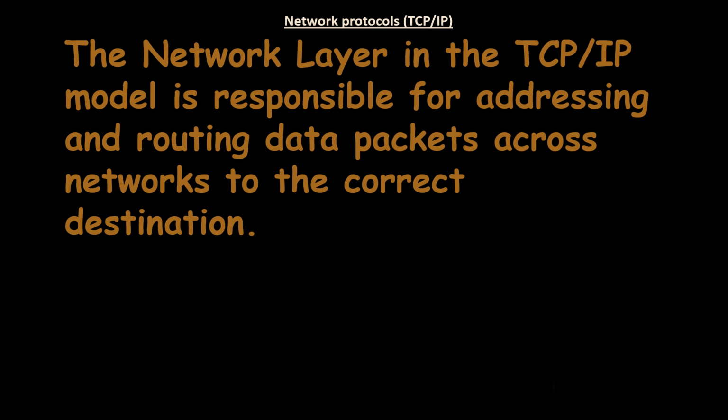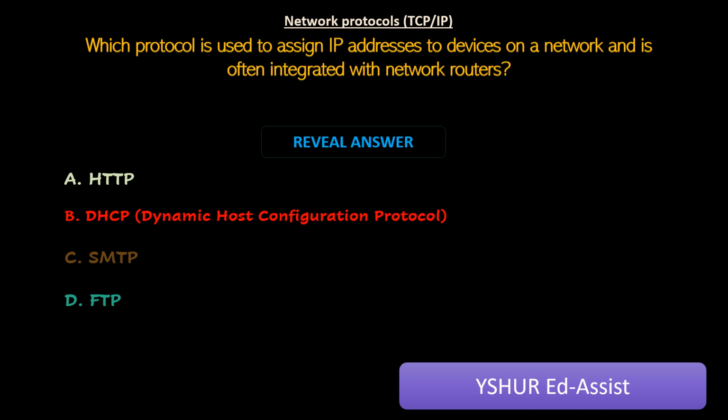destination. Which protocol is used to assign IP addresses to devices on a network and is often integrated with network routers? A. HTTP. B. DHCP, Dynamic Host Configuration Protocol. C. SMTP.